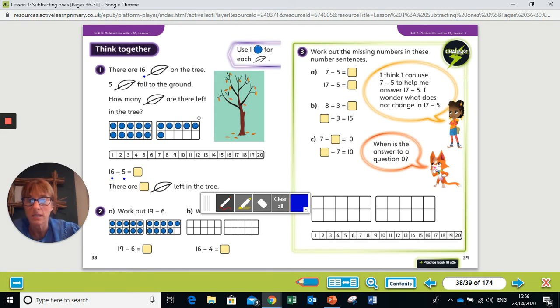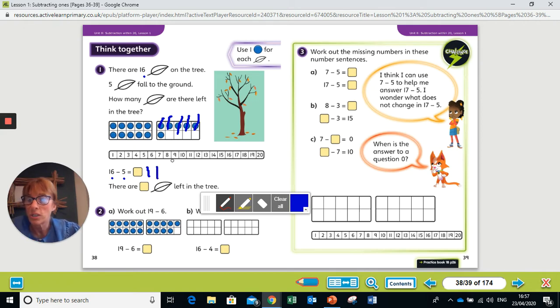So if you're using a tens frame, we'd cross off 5. 1, 2, 3, 4, 5. How many leaves have we got left? We've got 10. One more makes 11. So 16 take away 5 equals, I'm going to write my answer here, 11.